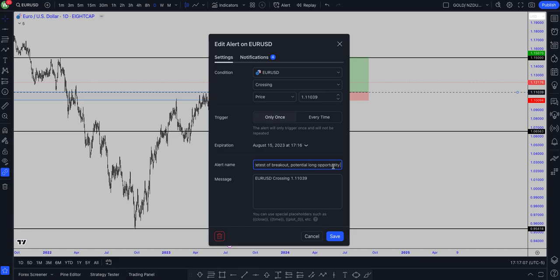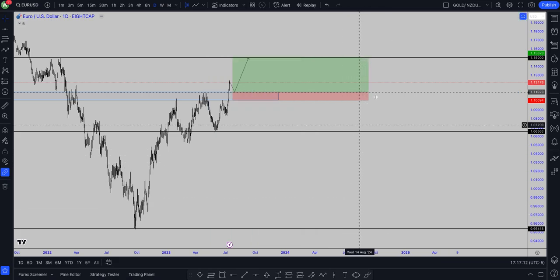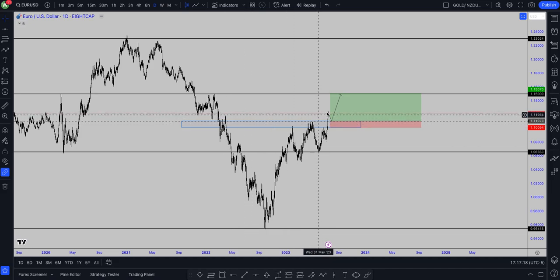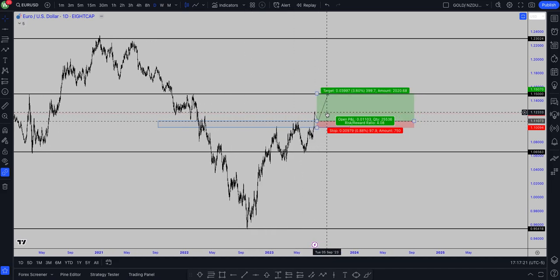Potential long opportunity, which means potential buy opportunity, right? So save. Now we know if EURUSD comes in here, we'll be loading up our buys to keep pushing all the way up.